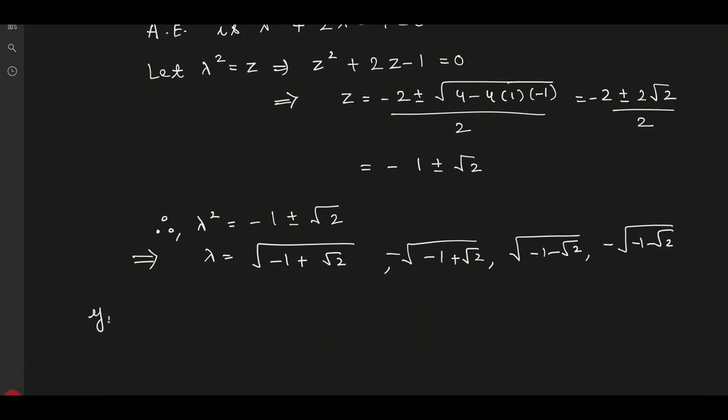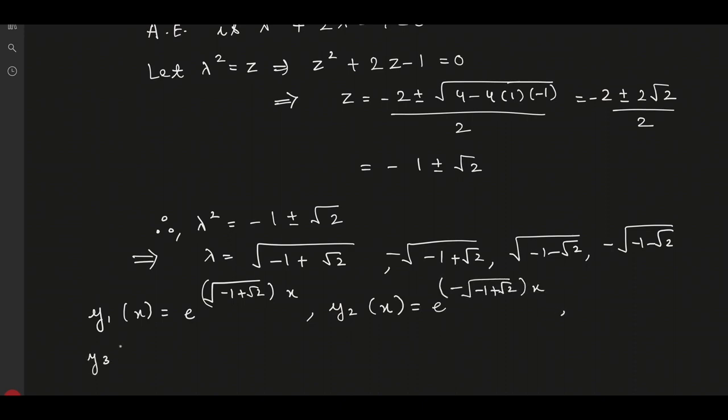So solutions can be easily written. y1(x) is e to the power under root minus 1 plus root 2 x, y2(x) is e to the power minus under root minus 1 plus root 2 x, and y3(x) will be e to the power under root minus 1 minus root 2 x.